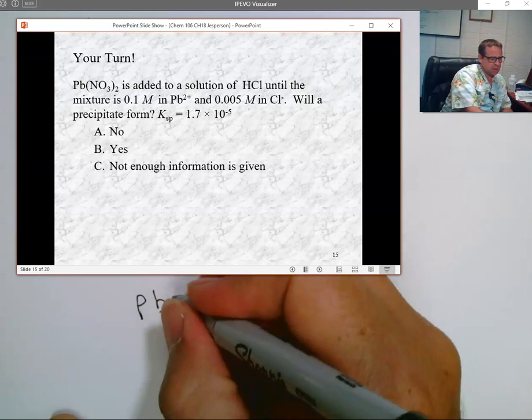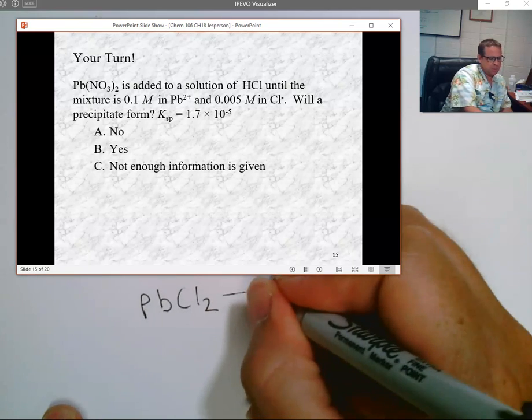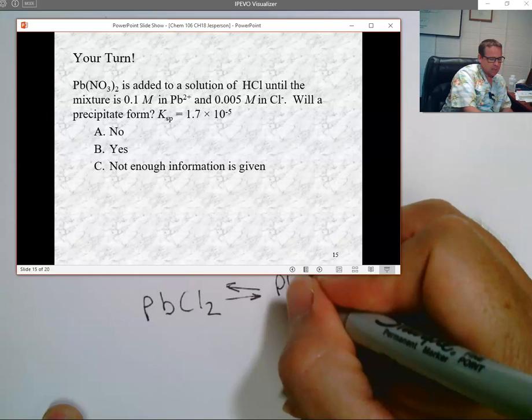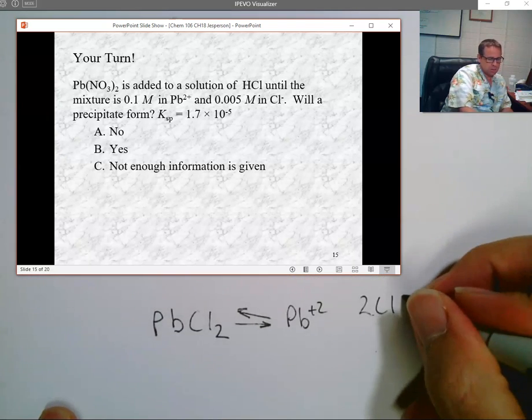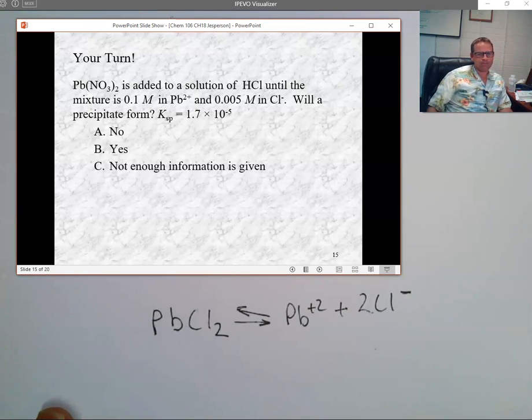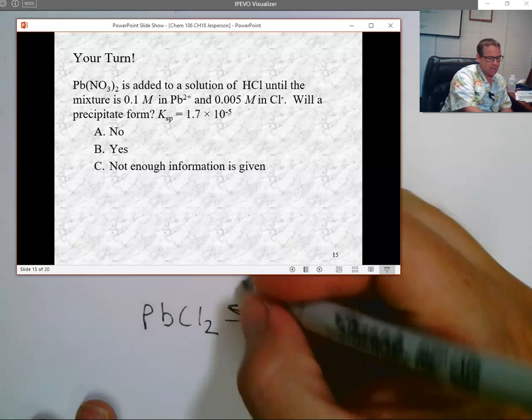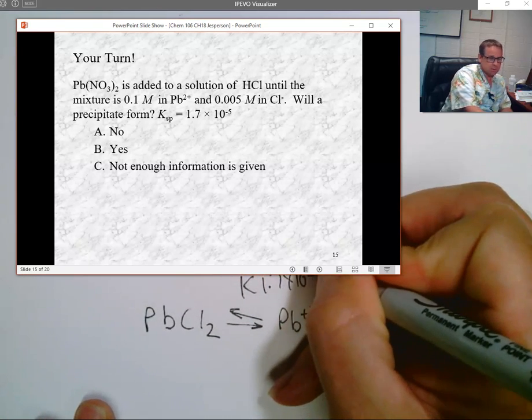So that is our nuts and bolts equation, right? PbCl2 ionizes into its products, and the K for this is 1.7 times 10 to the minus 5.